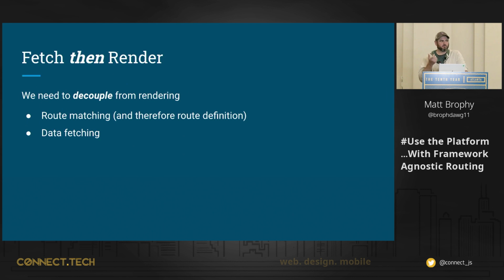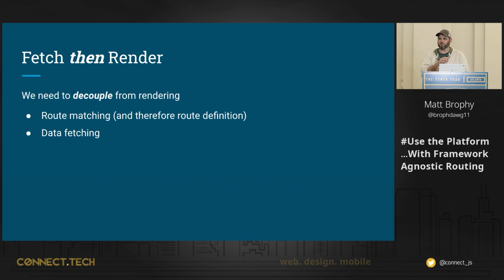So really what we want to do is flip that. We want to think about how do we fetch and then render. We want to be able to fetch our data ahead of time so by the time we render, it's just a quick render pass. Rendering is fast, fetching is slow. So in order to do that, we have to find a way to decouple from our rendering step. We have to decouple route matching. So what routes do I want to show for a given URL? And therefore, we have to also have our route definition decoupled from that as well.